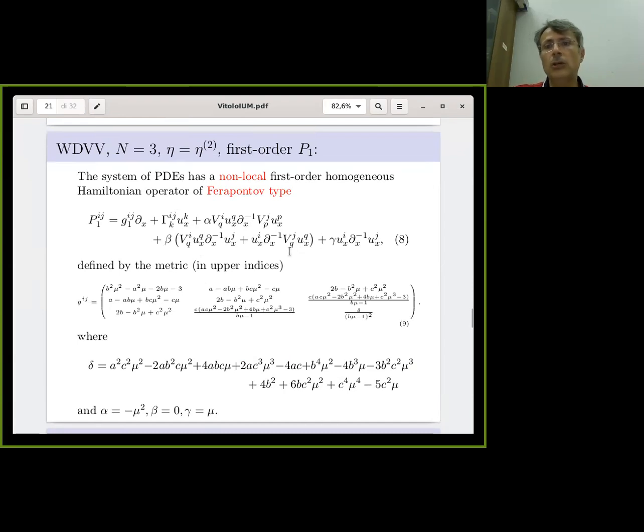The non-local part is determined by a certain combination of the vector of first order derivatives of field variables and the matrix of velocities multiplied by the vector of first order derivatives. So the right hand side of the hydrodynamic type system. In a language that was introduced by Yosef Krasilshchik and Alexander Verbovetsky, you need 2 non-local variables to describe this operator, but it can be done perfectly with their formalism.